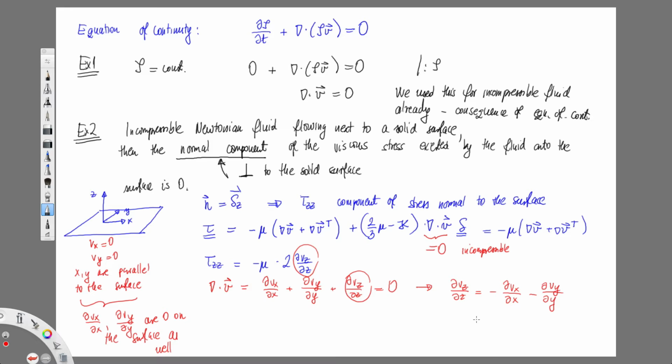So therefore this is 0 on the surface, and then my tau ZZ is 0 on the surface.